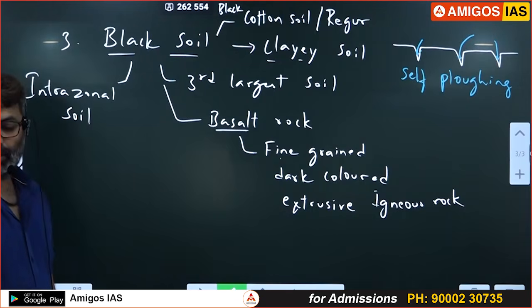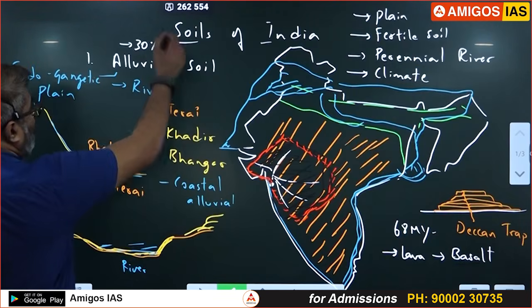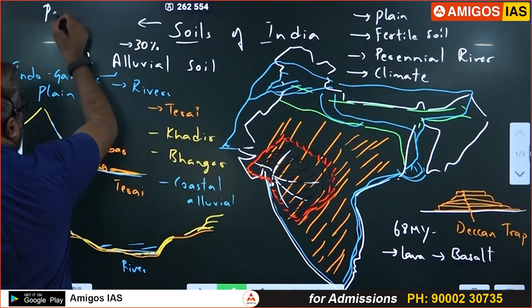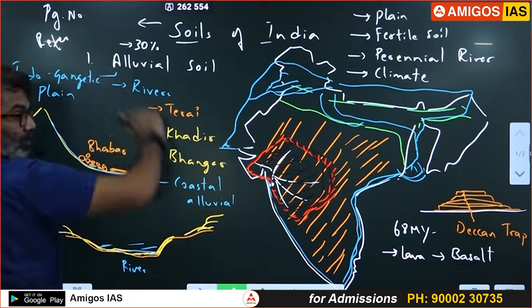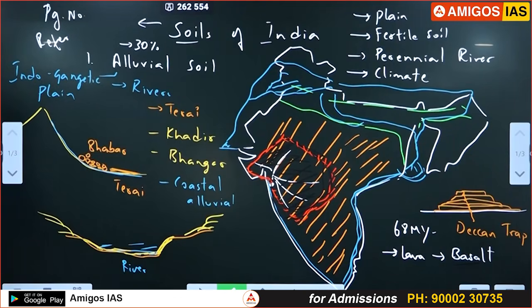Write the atlas page number in your notebook at the starting topic, so that you go back to the atlas when you refer to it, whichever page it is.